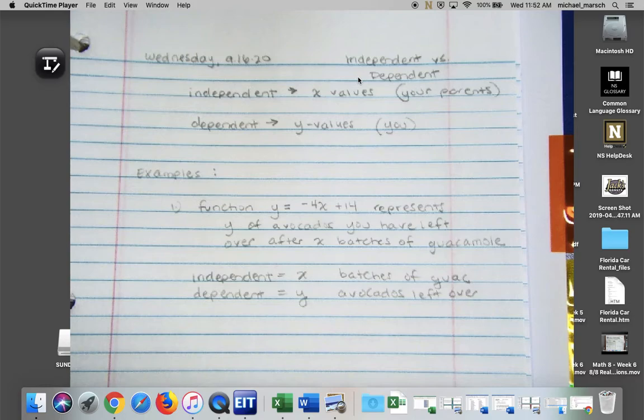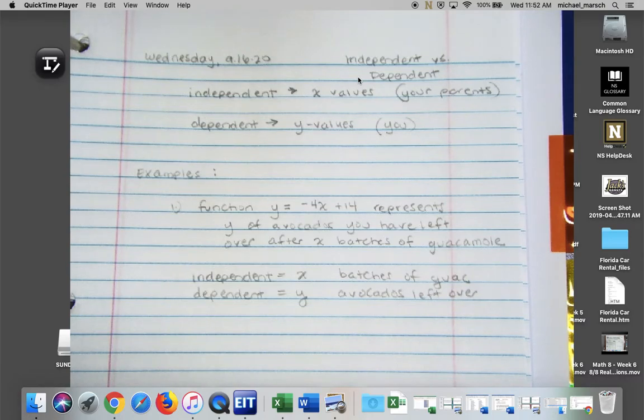That's how many avocados I have left over. So if I'm making 2 batches of guacamole, so that's independent, that is going to determine how many avocados I have left. That's why it's dependent. So the number of avocados literally depends on how many batches I make.